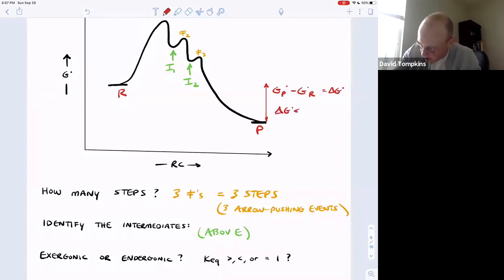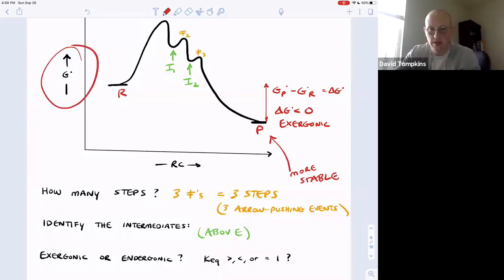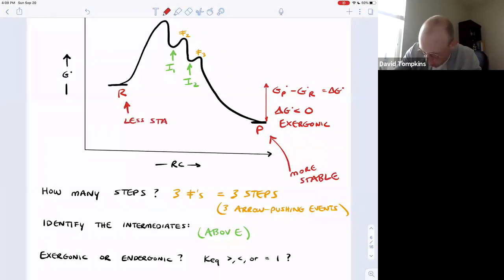Here, that's negative, or exergonic, which thermodynamically tells you about the reaction's favorability, or the products are more stable because they're lower on the y-axis, they're lower in free energy. And the reactants are less stable, or they're higher in energy, okay?